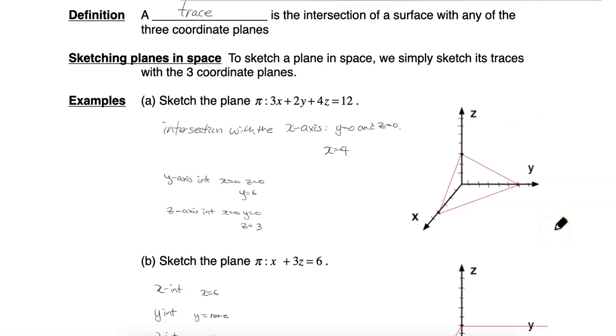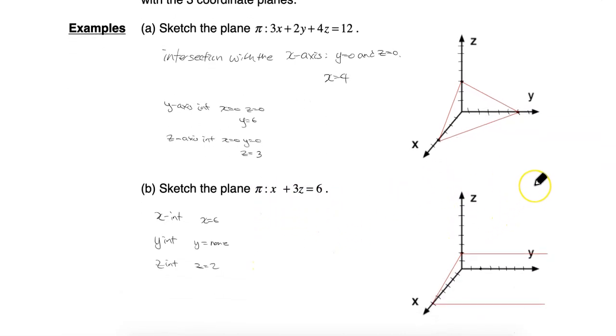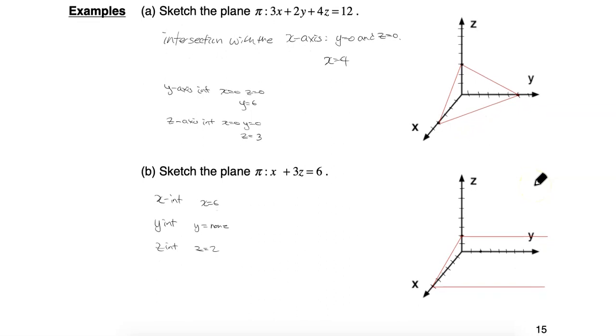Let's look at another example where we don't have y here. So what does it mean? What it means is that you're not going to have a y-intercept. We can still do an x-intercept. We set y equals 0 and z equals 0, and we get x equals 6. So same as before. For the z-intercept, we set x equals 0 and y equals 0.